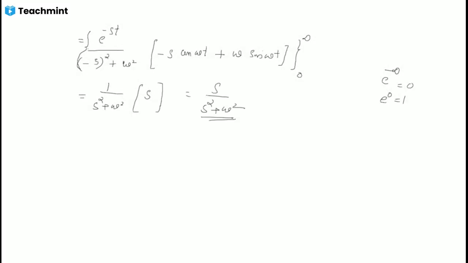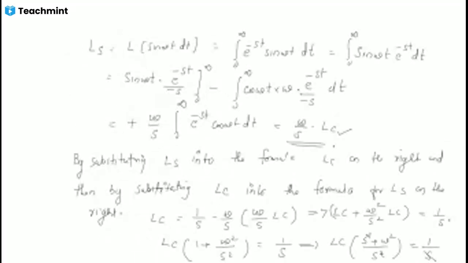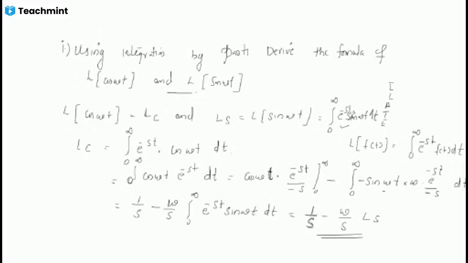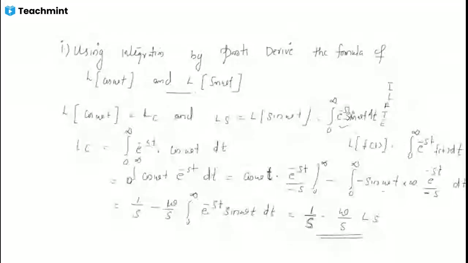Anybody have doubt, please ask. Using integration by parts, derive the formula. Okay, next one is the exponential formula. Then like that, e raised to x into cos bx and e raised to x into sin bx forms. Give the notation LC, LS: LS is sin omega t, LC is cos omega t.